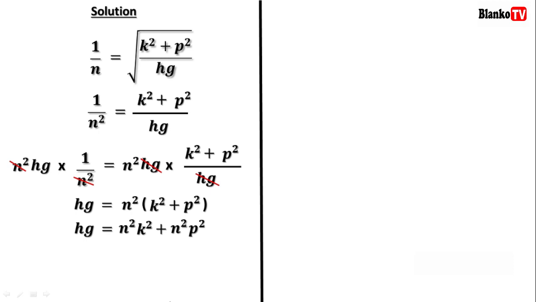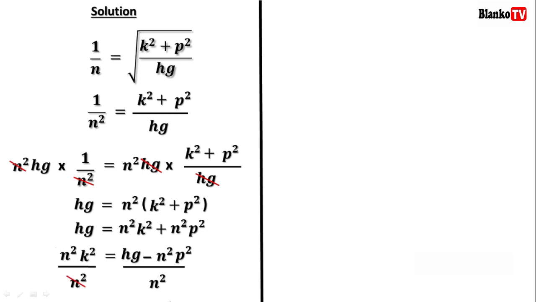Alright, so we have n square k square equals hg minus n square p square. Do you understand? So we divide the left hand side by n square, we divide the right hand side by n square.